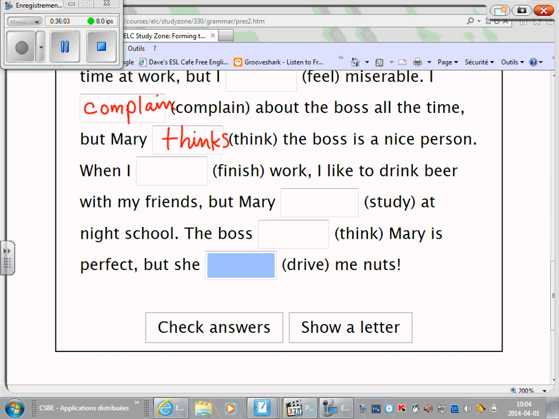When I finish work, I like to drink beer. So it's again, beer for him, it's a habit, right? So when I finish work, I like to drink beer with my friends, but Mary studies. Like this?